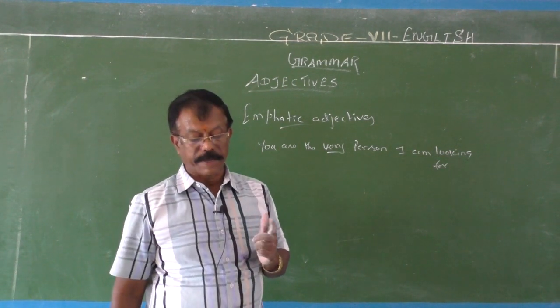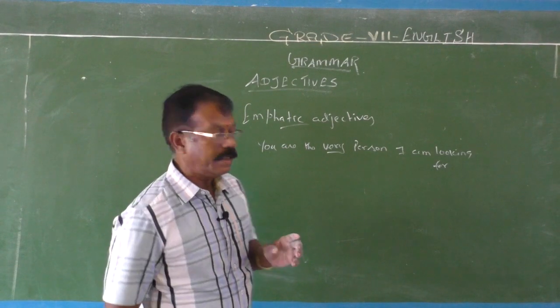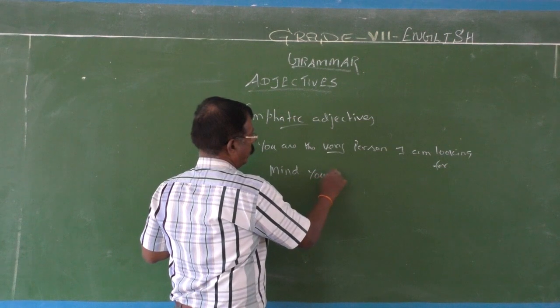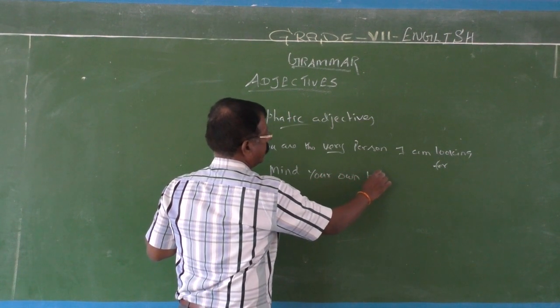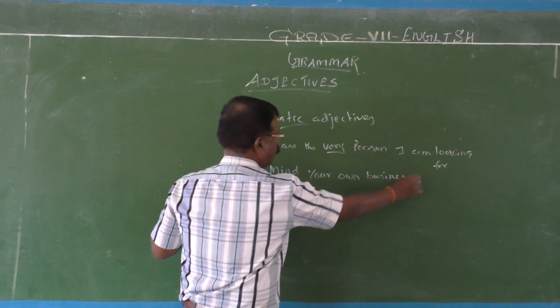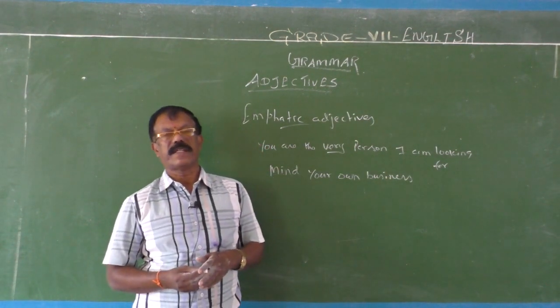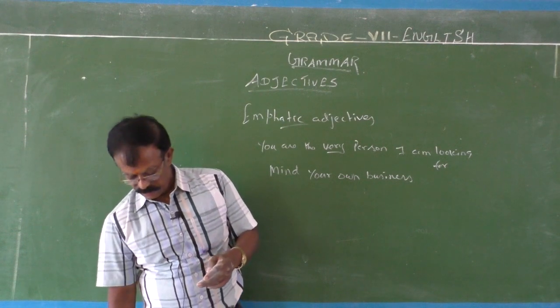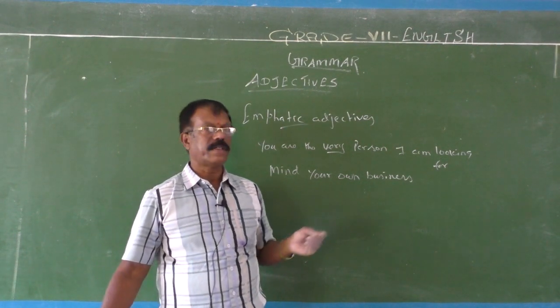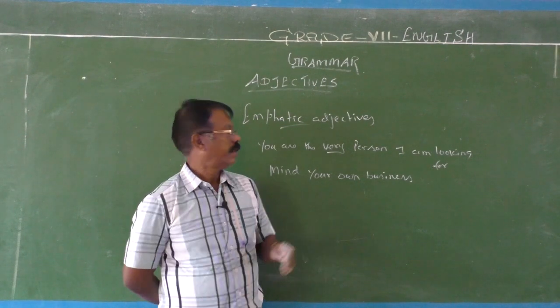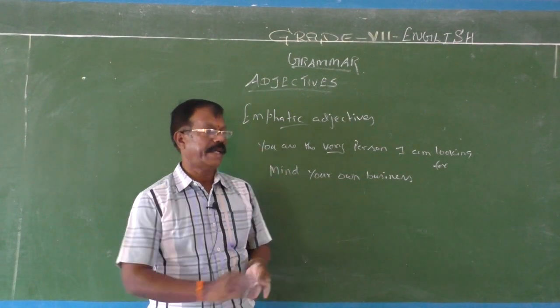So this is called the emphatic pronouns. Mind your own business. Sometimes when you don't want the interference of somebody in your personal affairs, you can say, see, this is not your work. You need not interfere into my personal affairs. Mind your own business.